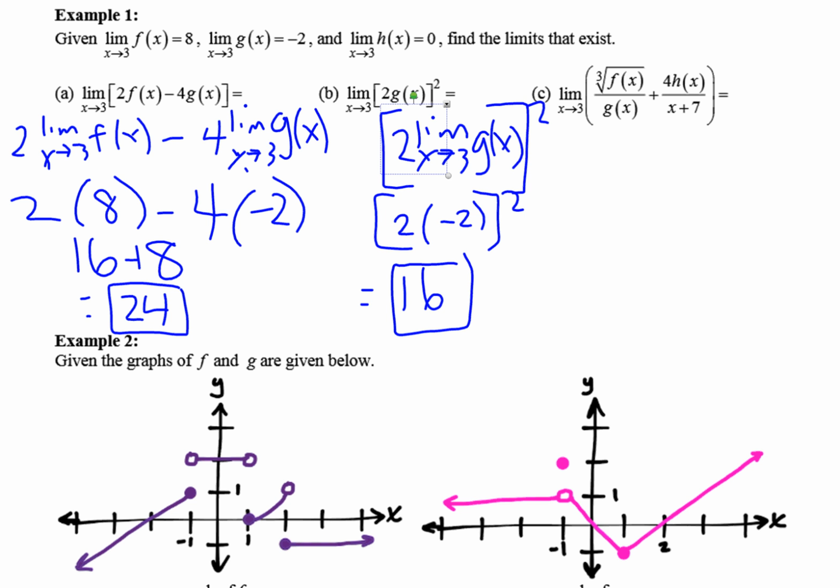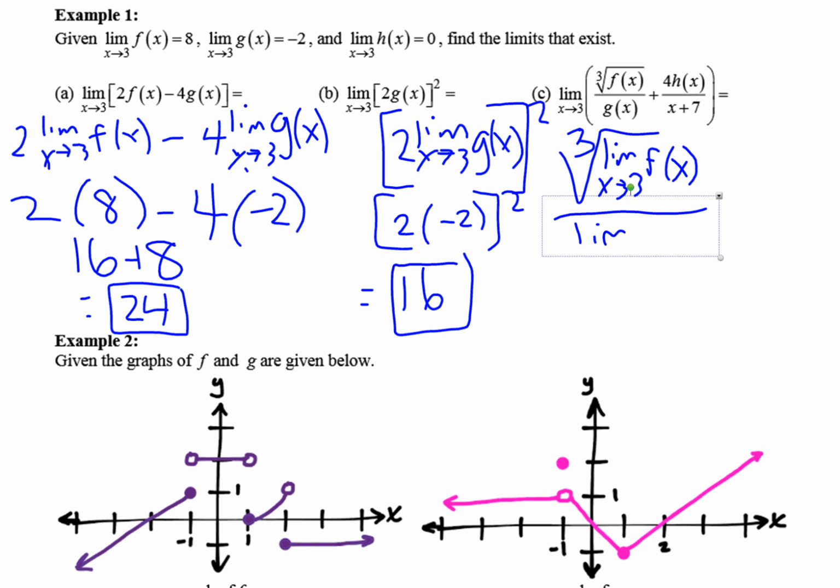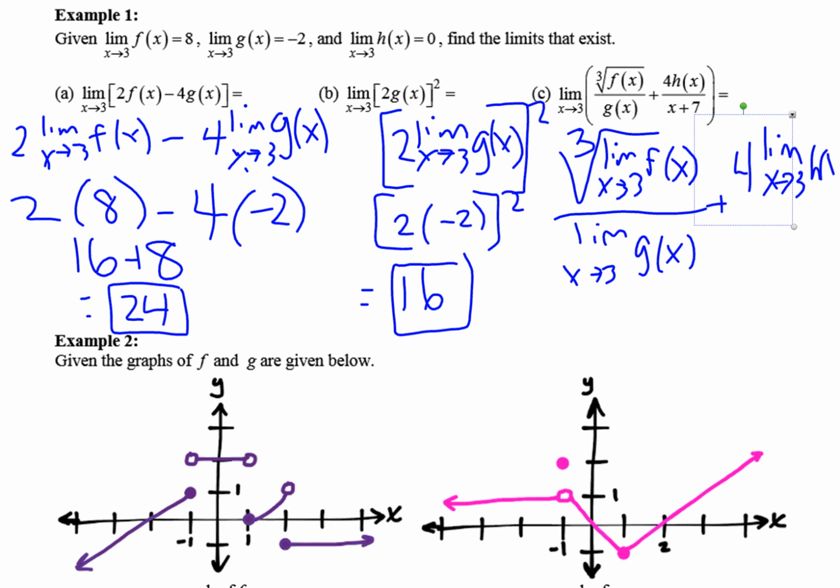All right, this one I will rewrite it even though you don't have to. If you could start to see this, the limit as x approaches 3 of f of x over the limit as x approaches 3 of g of x plus 4 times the limit as x approaches 3 of h of x, and over the limit as x approaches 3 of x plus 7.